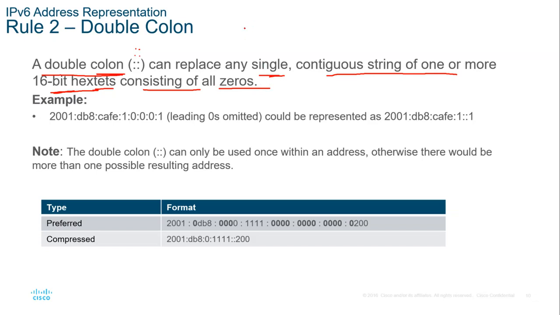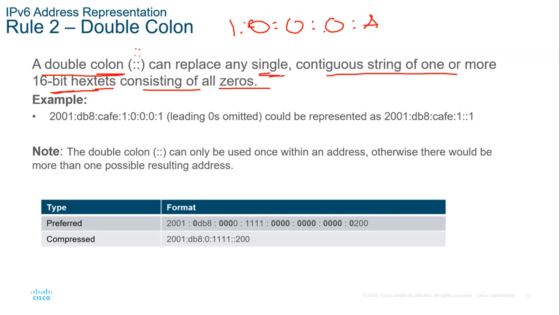So in a scenario where we have zeros like this, the address has already passed through rule number 1. So if you have this leading zero, for example, let's assume that here we have a 1, maybe this side we have A. So these are the single and contiguous string of one or more 16-bit extents consisting of zeros.